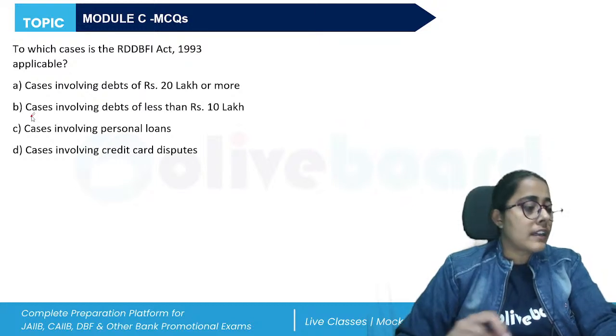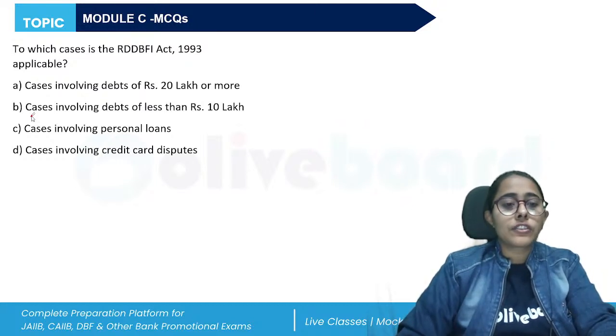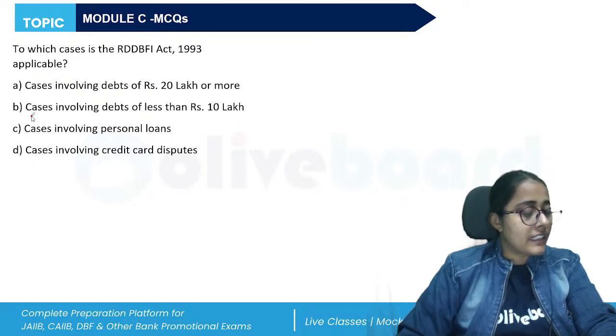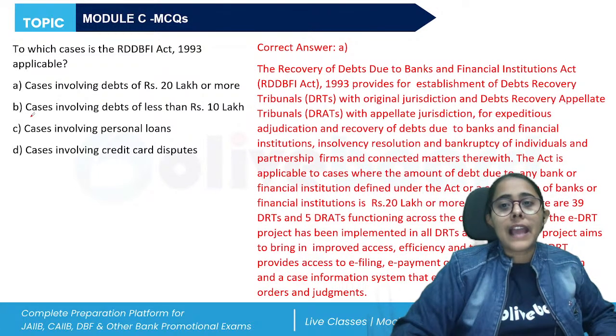So which of the following are correct? The cases involving debts of 20 lakhs or more, cases involving debts of less than 10 lakh, cases involving personal loans, or cases involving credit card dispute. I hope it is very clear. The correct answer is the cases involving debts of 20 lakh or more.